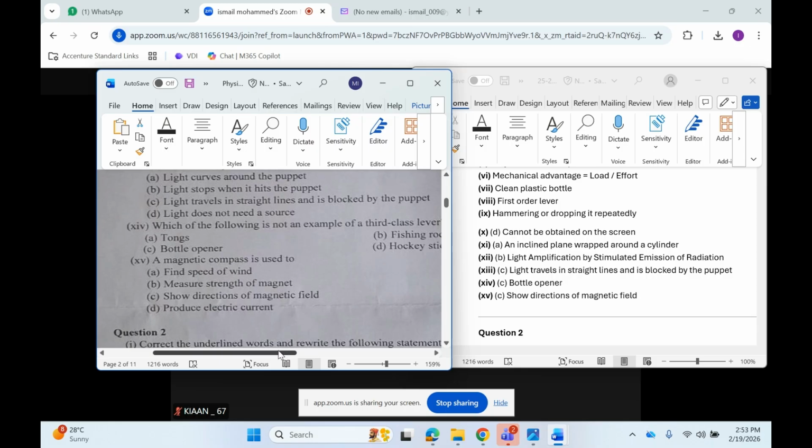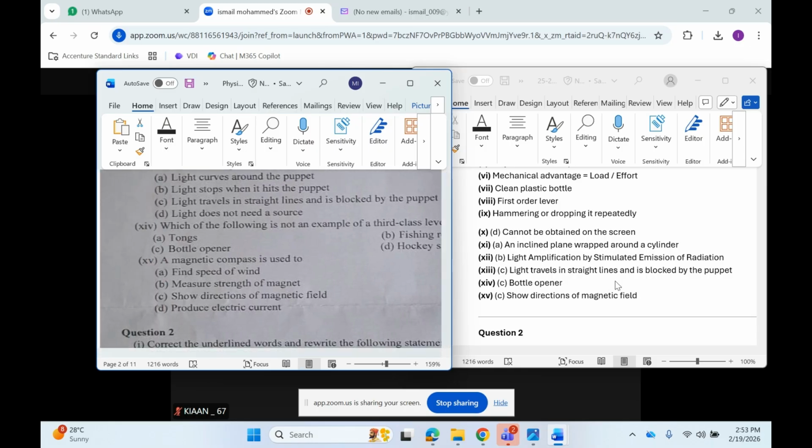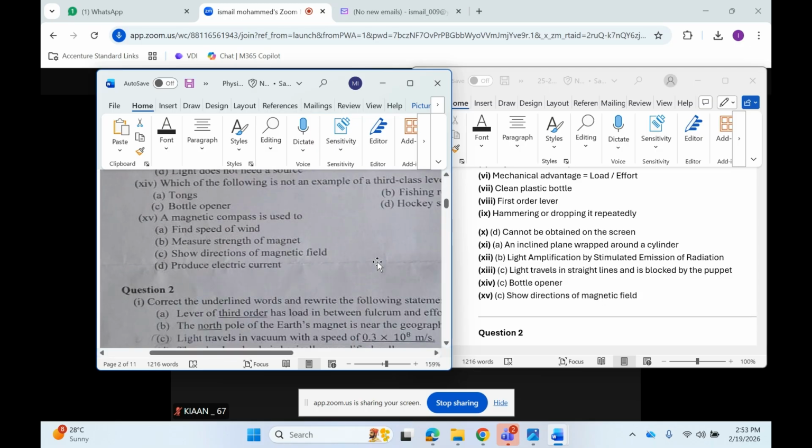Which of the following is not an example of a third class lever? Bottle opener. What kind of lever is it? Is it first class or second class? It is not third class, we know, but what is it?